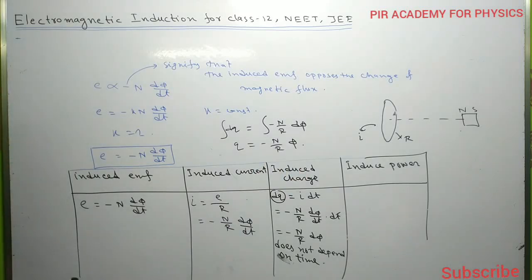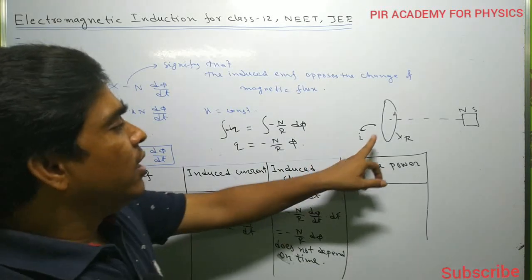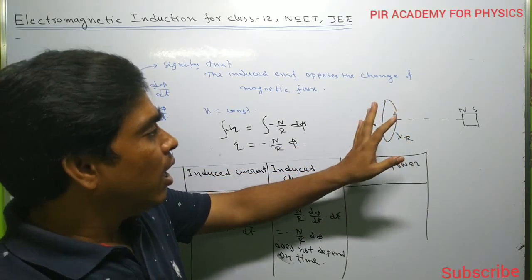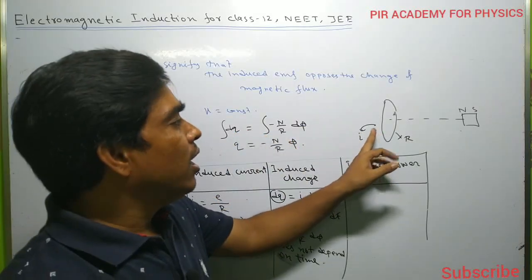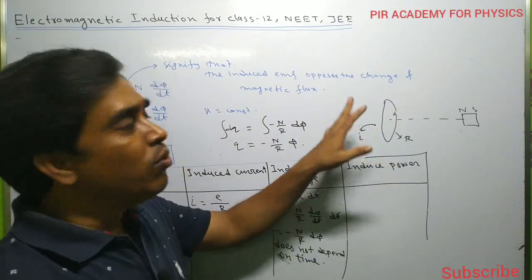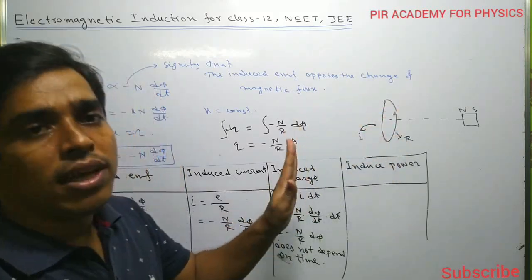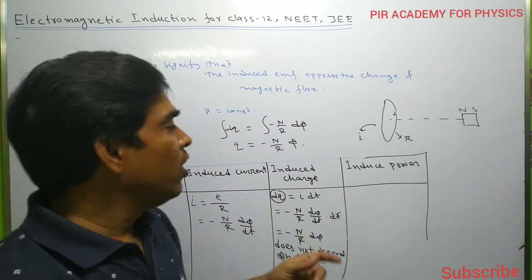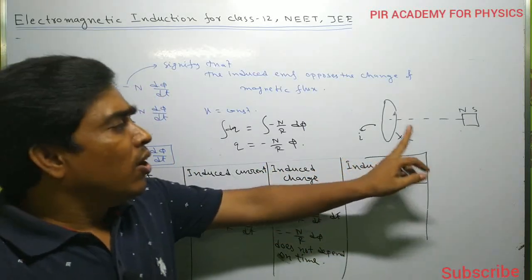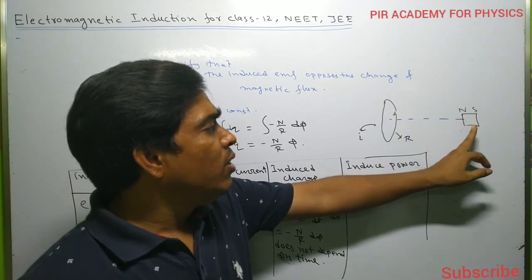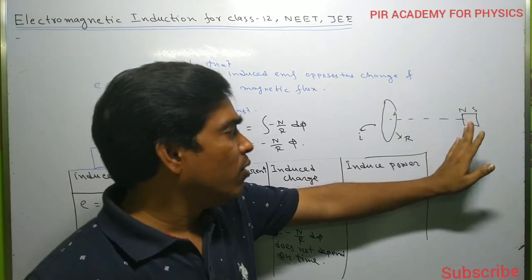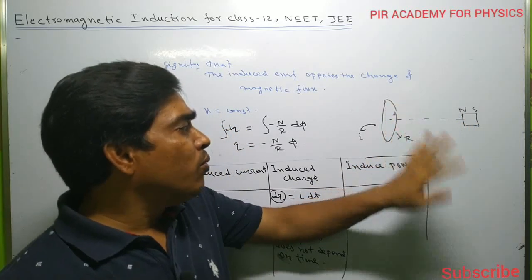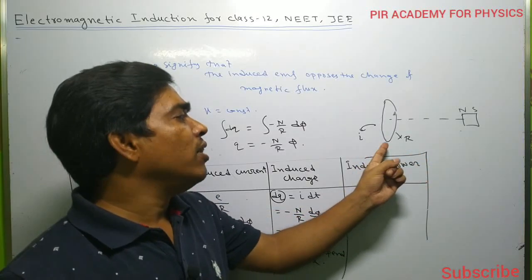So in both conditions, the total charge on this loop cannot be greater or less, it is always the same. The total charge on this loop is always the same, only the velocity of charge will differ. Because if you only change the magnetic flux, there will be no addition of charge on this loop.